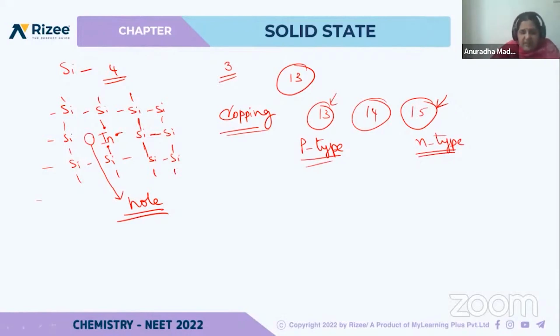The difference is that a group 13 element shows valency 3, group 14 shows 4, and then group 15 shows 5. So let's see how it happens.